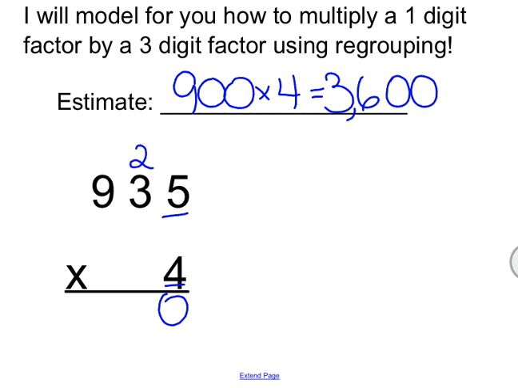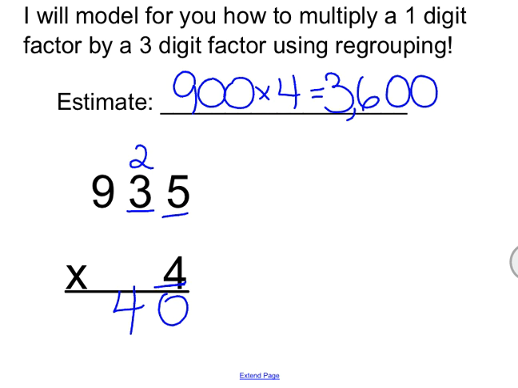Next, I'm going to do 4 times 3. 4 times 3 is 12. Add the 2 that I regrouped makes 14. Again, 14, I put the 4 and regroup the 1 into the hundreds place, because that's the next place.